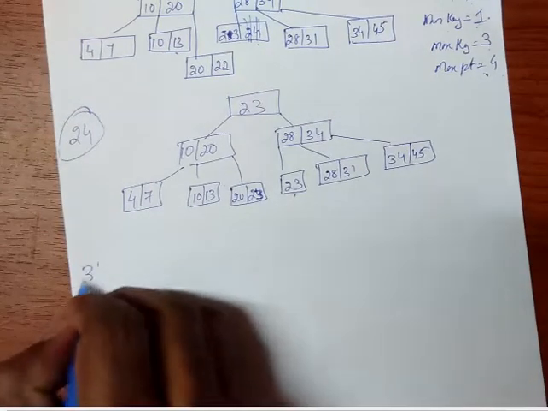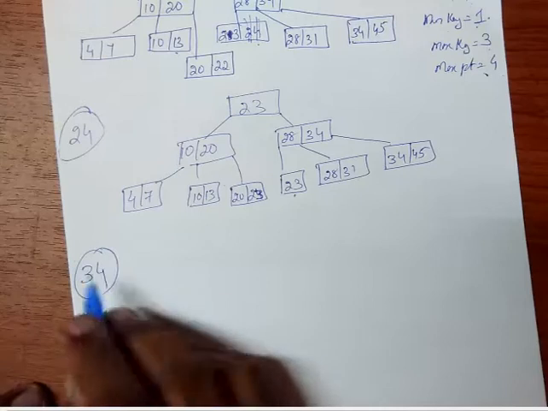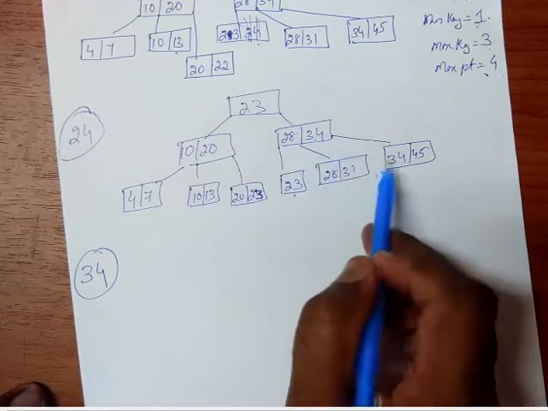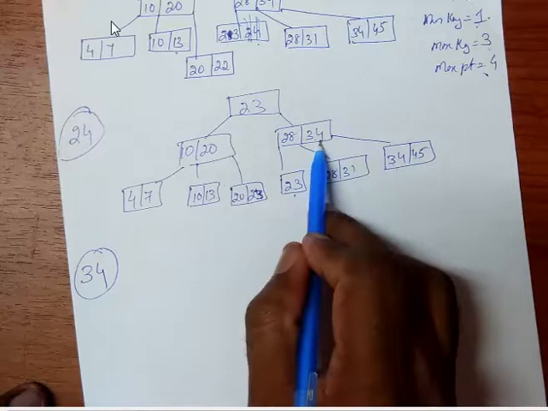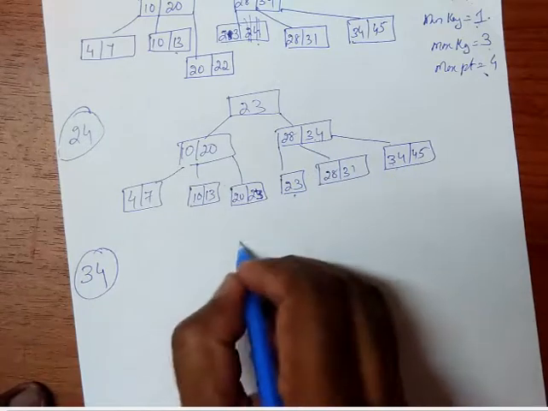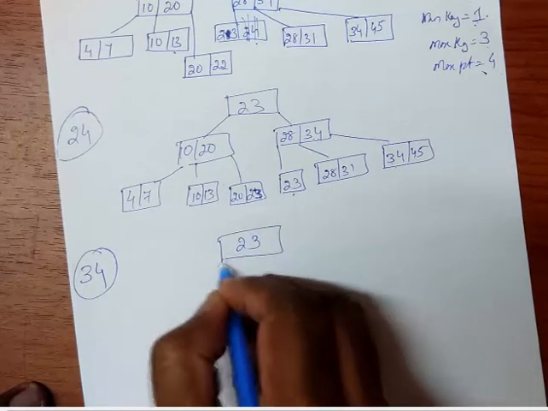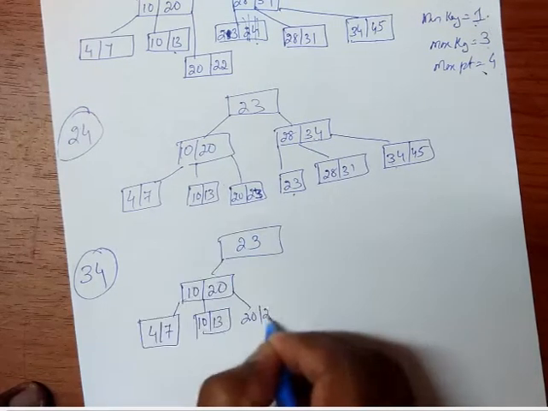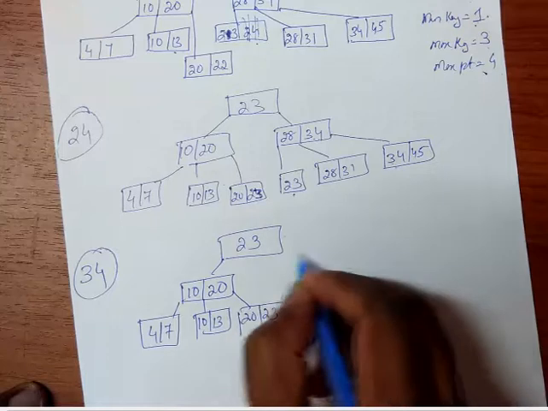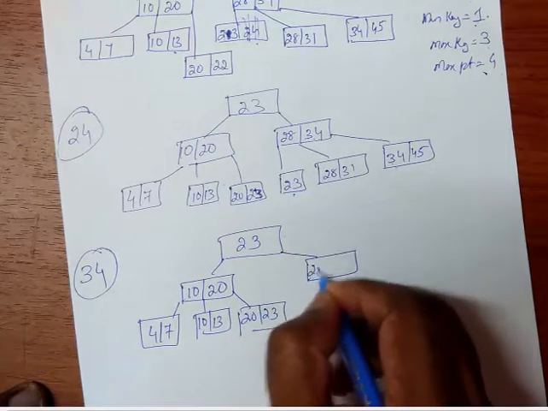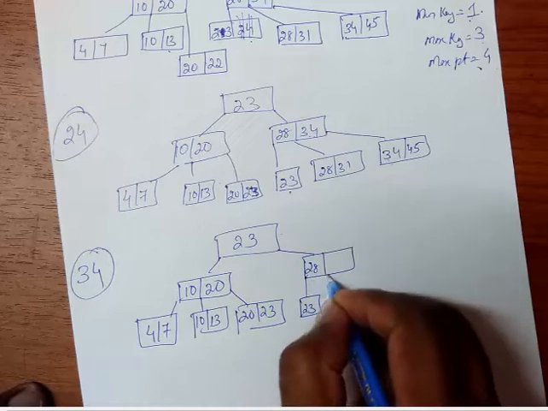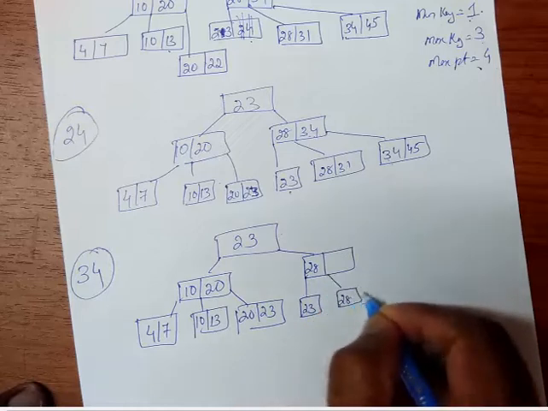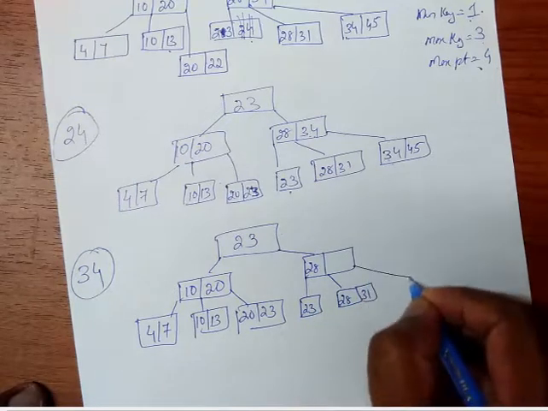Next we can delete 34. 34 is actually in an internal node. Here you can see 34 is in two places, in the higher level as well as in the data level. So it is done like this: 20, 22, 28, 34, then 23, 28, 31.